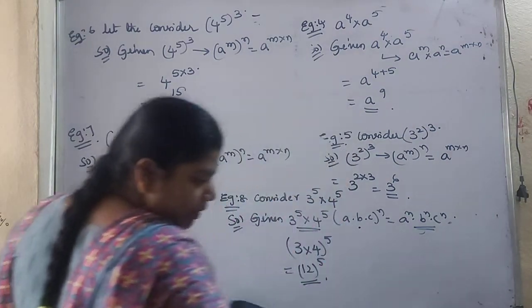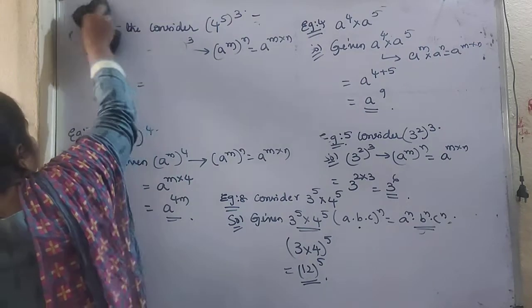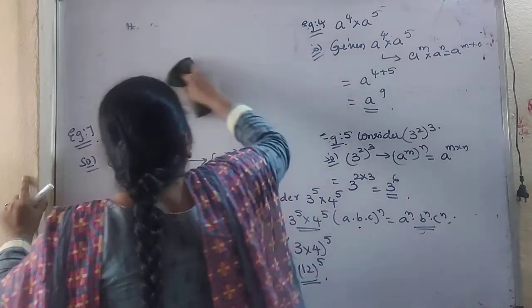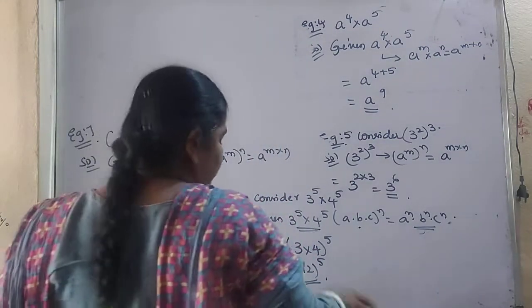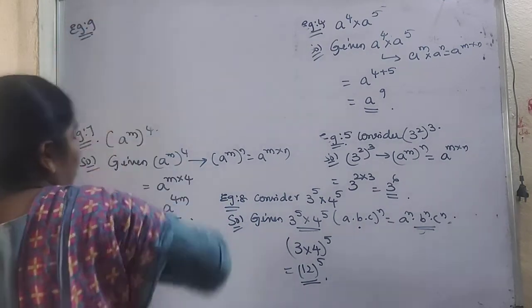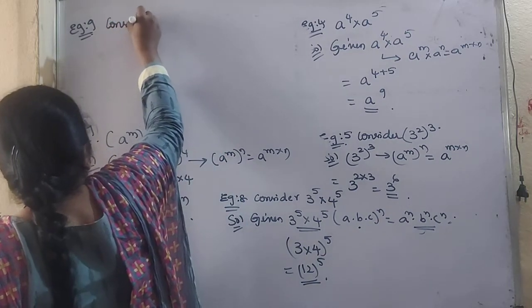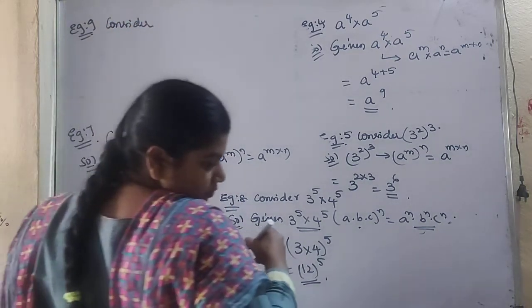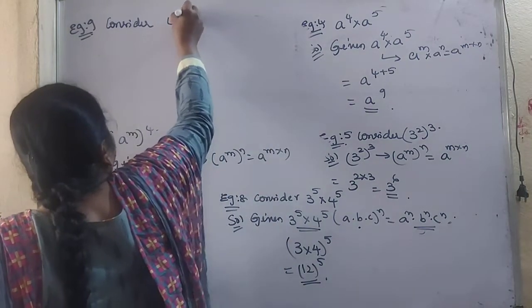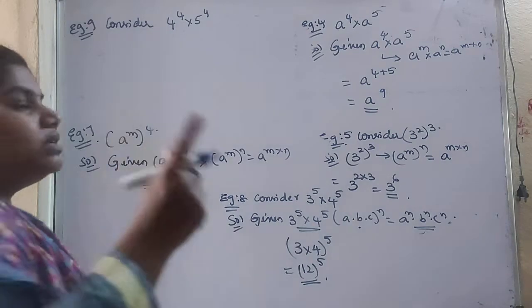So this is example number 8. Next is example number 9. Consider 4 power 4 into 5 power 4. Again the bases are different but the powers are the same.